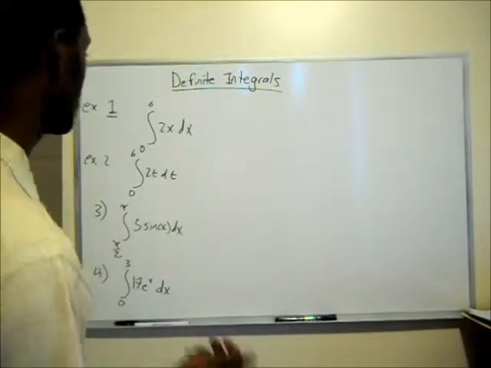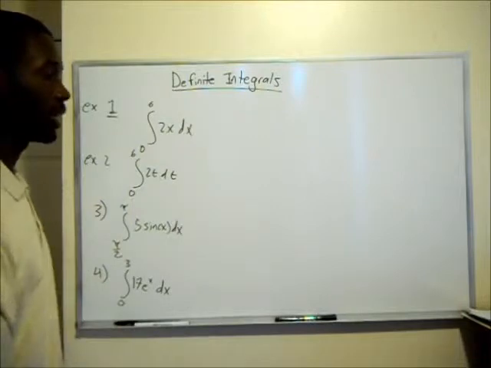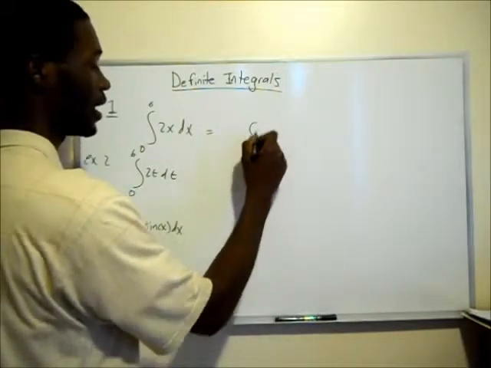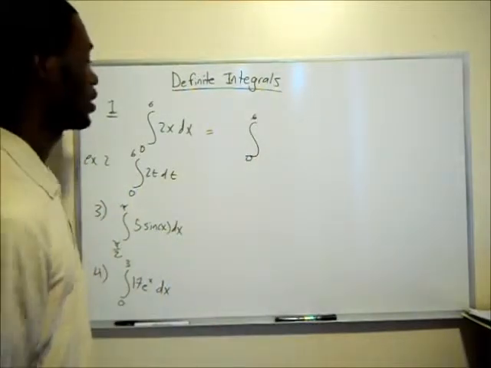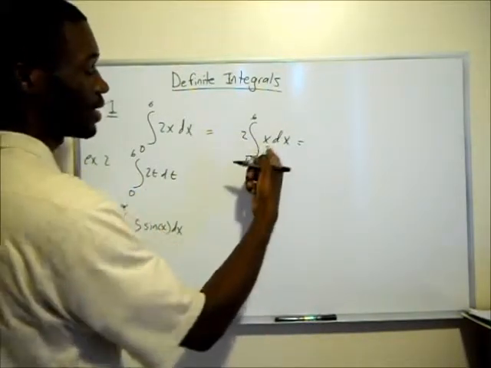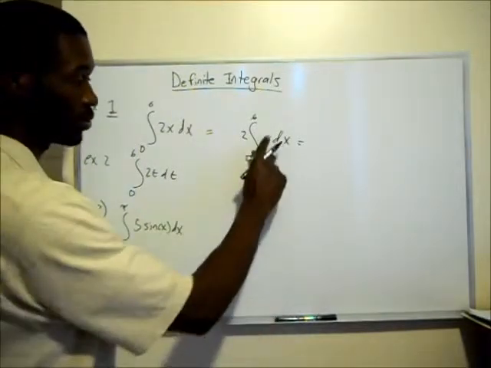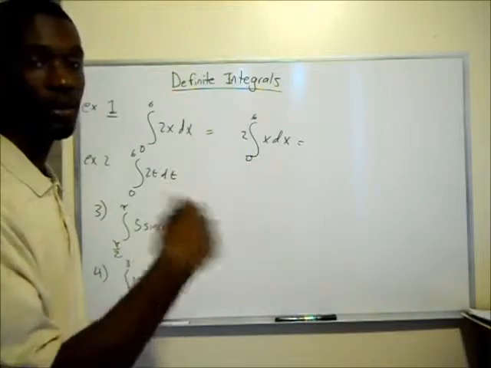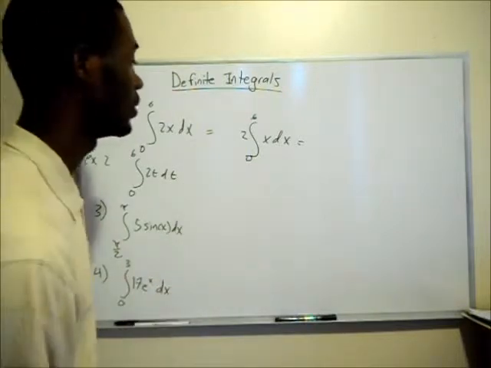Okay, so now we have the integral from 0 to 6 of 2x dx. I'm going to keep my endpoints, my limits of integration, pull the 2 outside, and I'm going to get x dx. Now this exponent of x is 1, so I need to add 1 to that to make it 2, and then divide the whole thing by 2, because that's the new exponent.